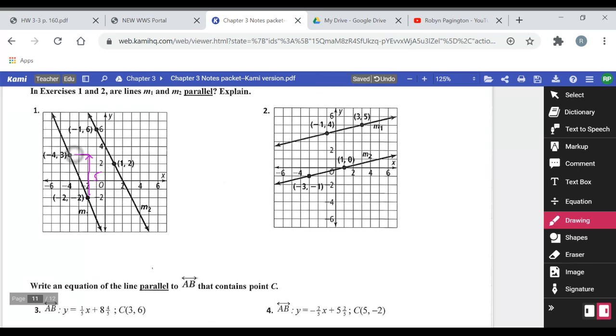And now I'm going this direction, and I went 2 to the left, so I'm going to call that negative 2. So when I try to find the slope of M1, I'm going to write down my formula. I'm doing rise over run, and I just went up 5 and then left 2. So I got a slope of negative 5/2.